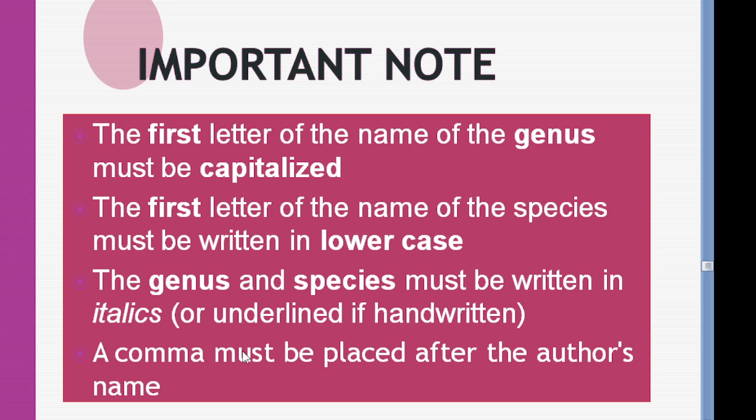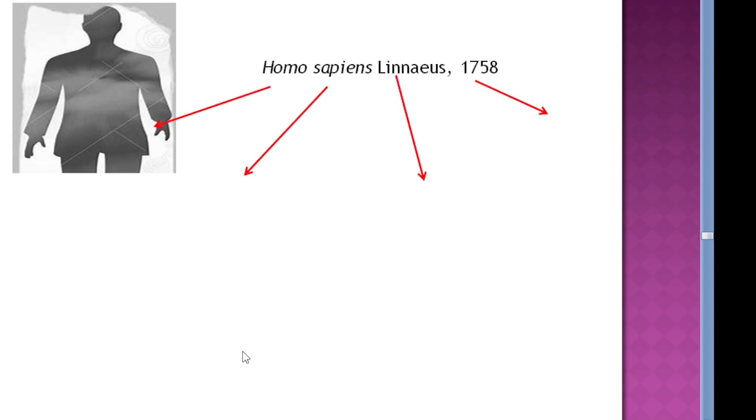Okay, so let's take some examples to make you understand. The first example is concerning the human species, which is Homo sapiens. So let's see the binomial composition of the human.